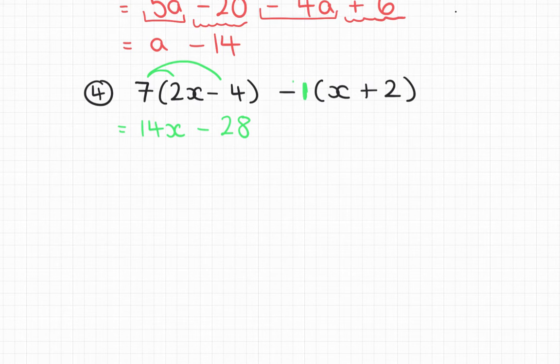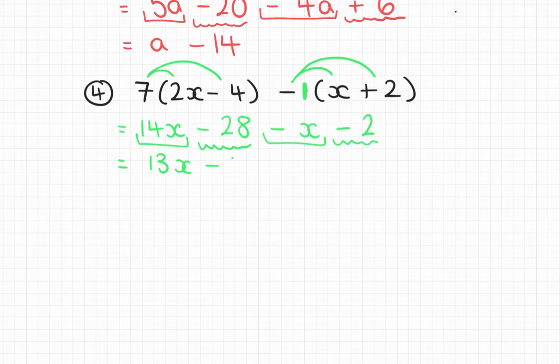So that's a negative 1 times x, that'd be minus 1x. We could just write minus x. And minus 1 times positive 2 is minus 2. And that would simplify to 14x minus 1x is 13x. And minus 28 minus another 2 would be minus 30.